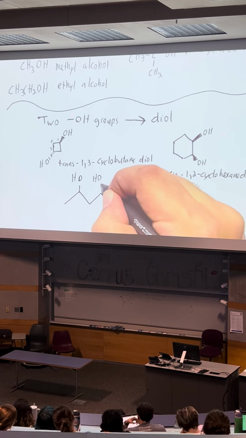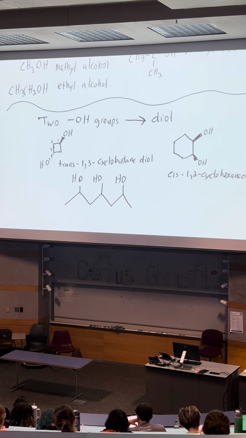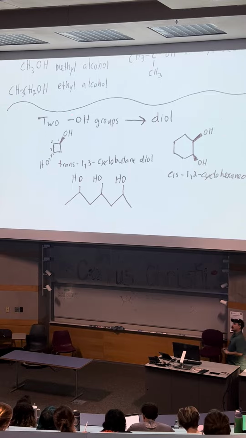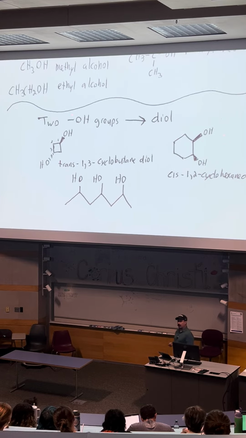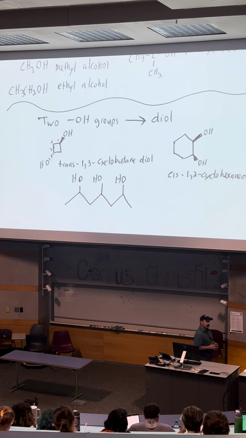Usually, if people are taking organic chemistry 2 in the fall semester, this one might remind people of Christmas or Santa Claus. We have a molecule like this. Applying the symmetry right down the middle, it doesn't matter if you number left to right or right to left.